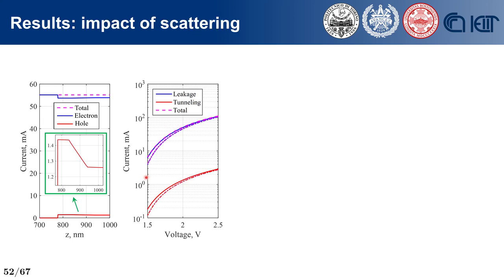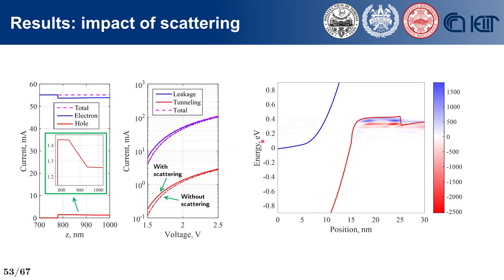Another thing that one can estimate is the impact of scattering. These curves are obtained with and without scattering. So, there are two pieces of information here. One, the band-to-band tunneling in this device is basically ballistic. You don't need so much to insert scattering.